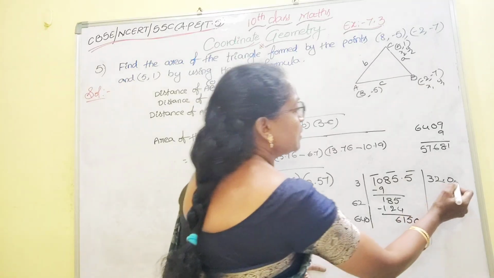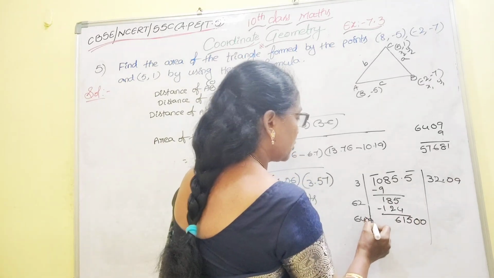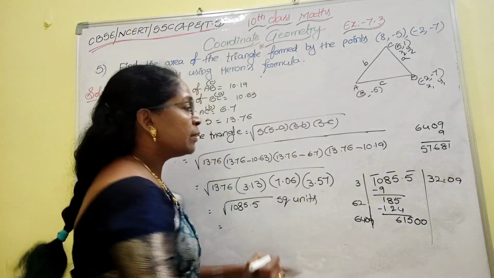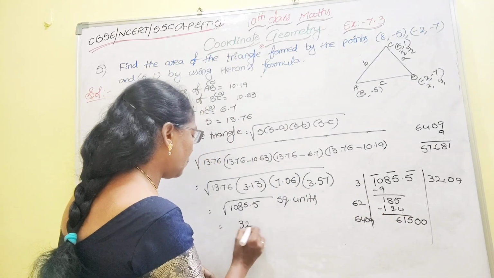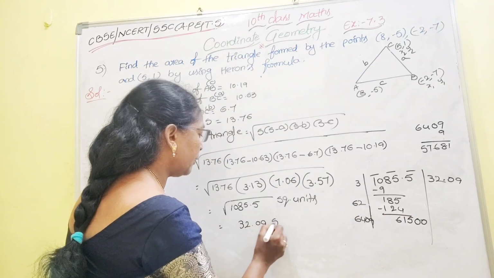So 9 times is possible. Here 9, here also 9. Point after 2 digits is enough. That value equals 32.09 square units.